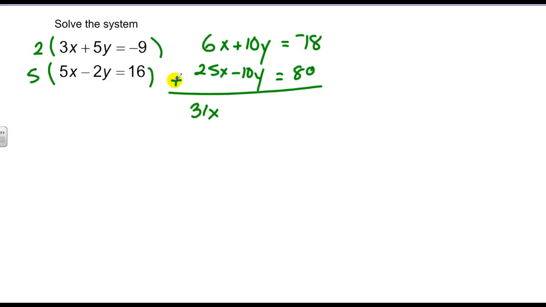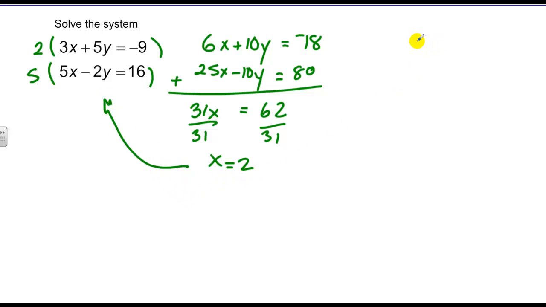31x after I add is equal to 62. Divided by 31, and x equals 2. Substitute: 5 times 2 minus 2y equals 16.